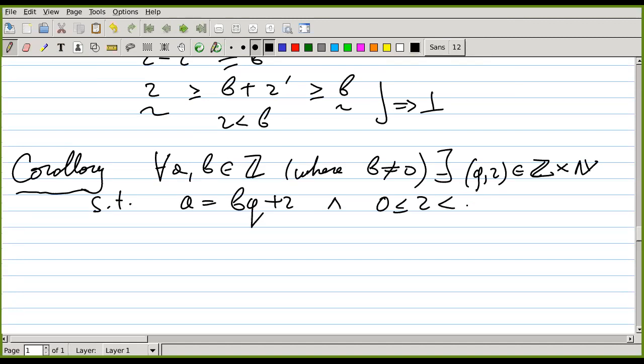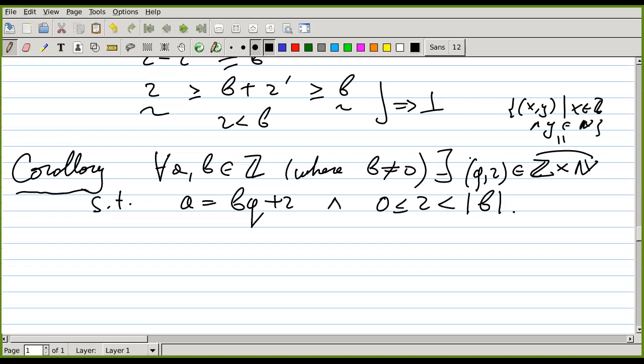Not B, in modulus. The absolute value of B. By the way, this set is just the set of all ordered pairs, where X is an arbitrary integer and Y is a natural number.